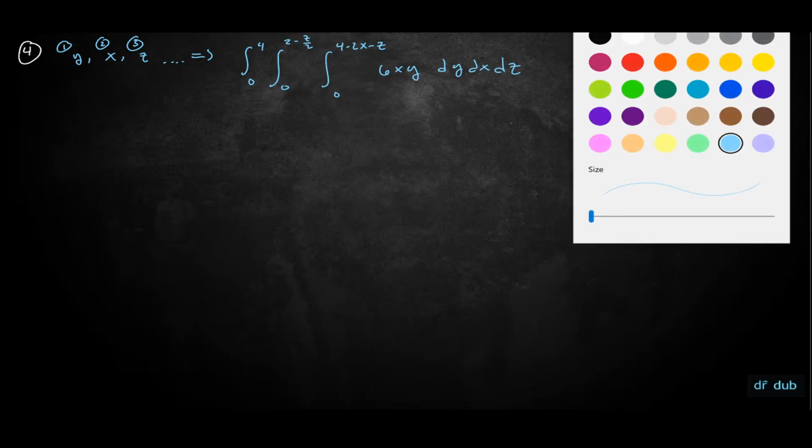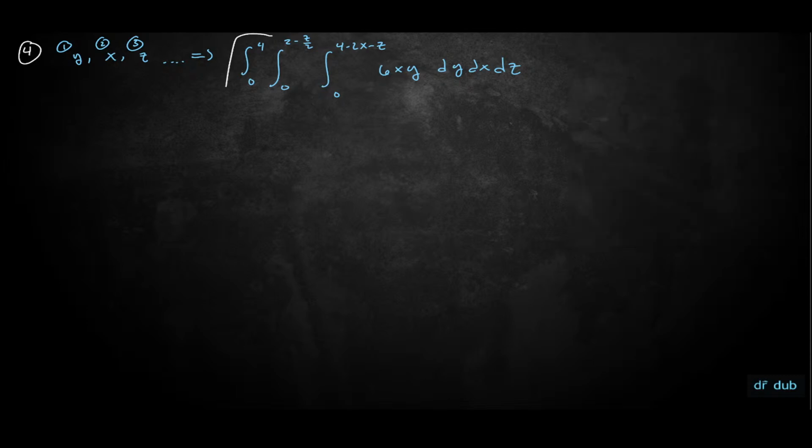And I believe you should get something like integral 0 to 4, integral 0 to 2 minus z over 2, integral 0 to 4 minus 2x minus z, 6xy dy dx dz. So that one's very similar. You just switch the order of x and z from the previous one.